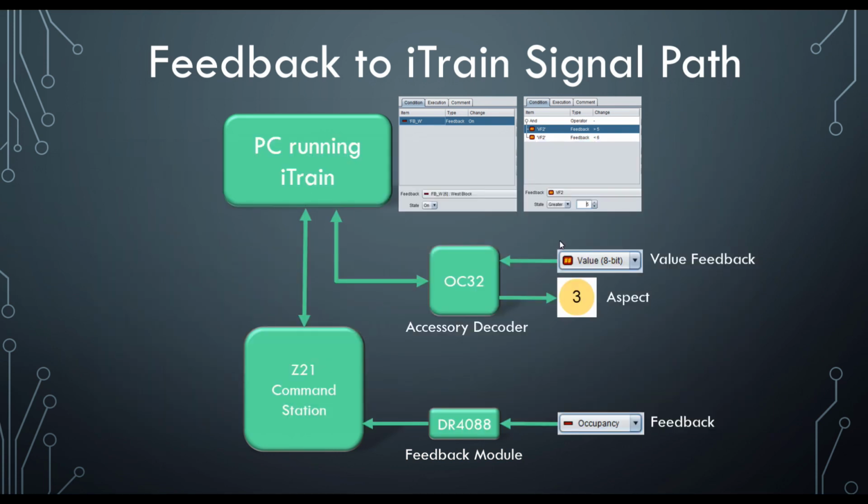However, if we just want to gain access to these 4 Boolean operators and use them in a condition, there is a way that the value 8-bit can be used without the need for any of this hardware and without using up one of your precious interface allocations. And that is by using the value 8-bit as a virtual device, a device that exists in software only.